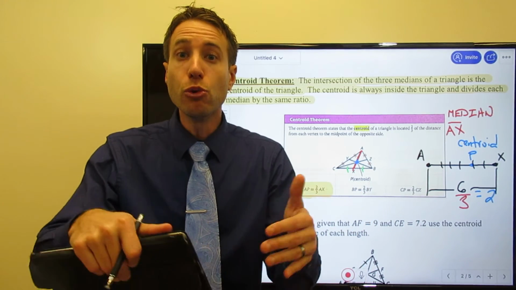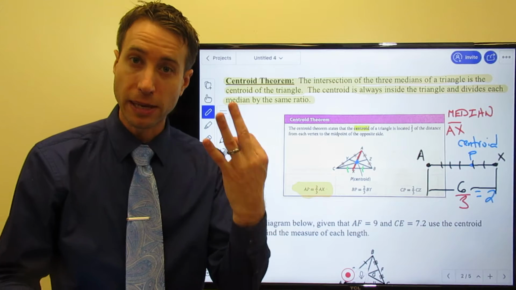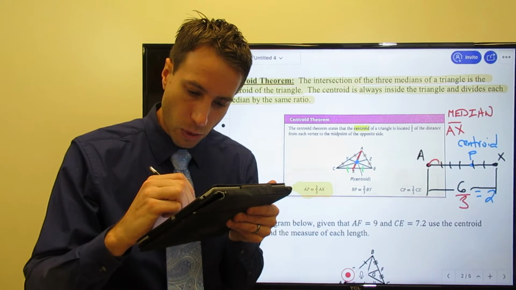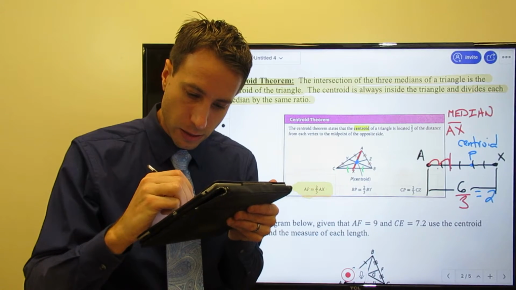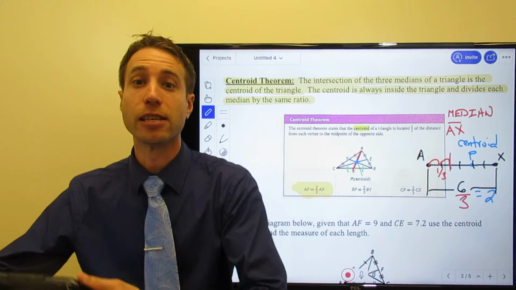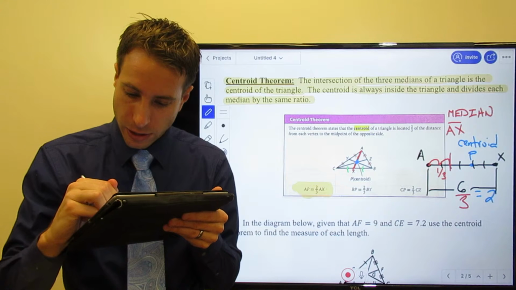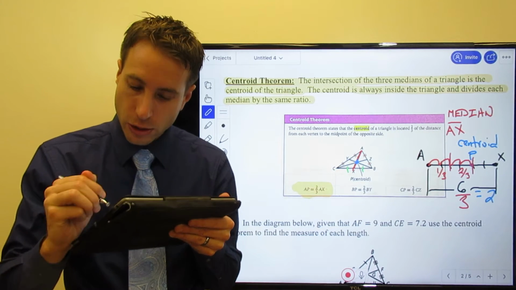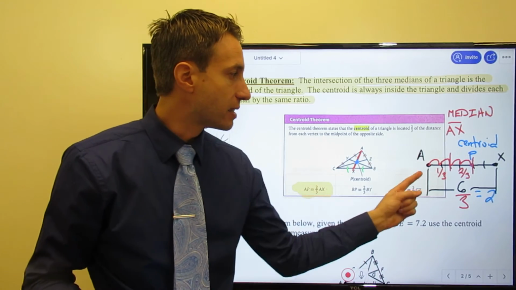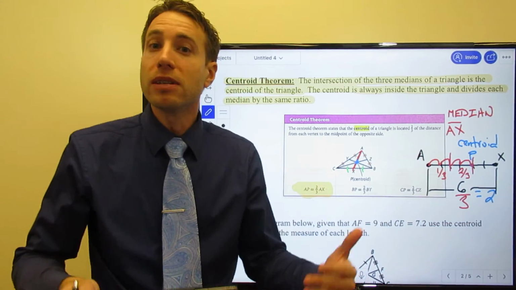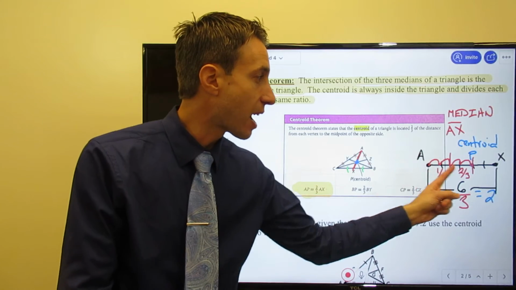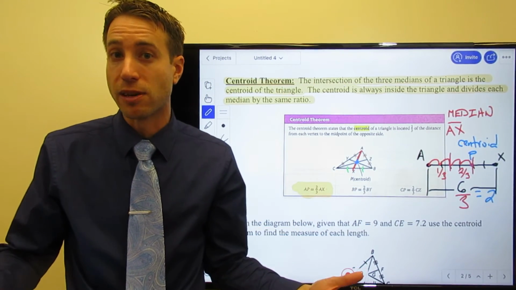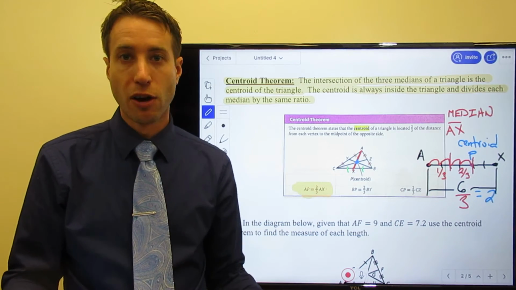I have to go 2/3, which in this case would be 4 units. Here is 1/3, 1, 2. I need to go 2/3, so I have to go 2 more. So how far is it from A to P? It's 4 units. If the entire length is 6, from A to the centroid is 2/3 of that, or in this case, 4.